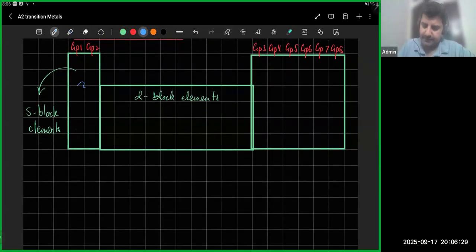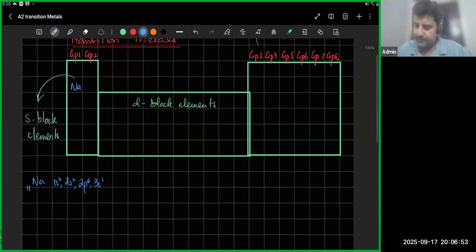So, for example, sodium has 11 electrons. If you write down the electronic configuration of sodium, that's 1s2, 2s2, 2p6, and then there is 3s with 1 electron in it.